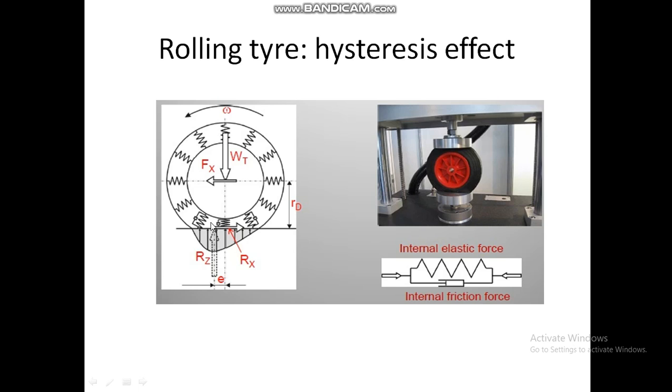Rz is also a force. Rd is the rolling radius. Okay, so this is the shock when pressing the tire. These show the internal elastic force or internal friction force from both sides.